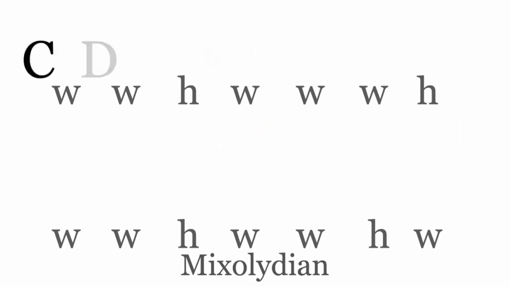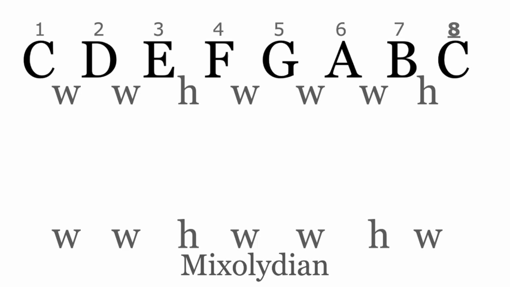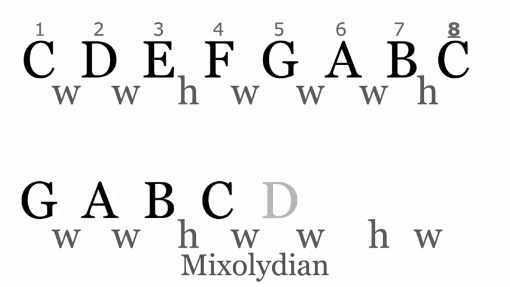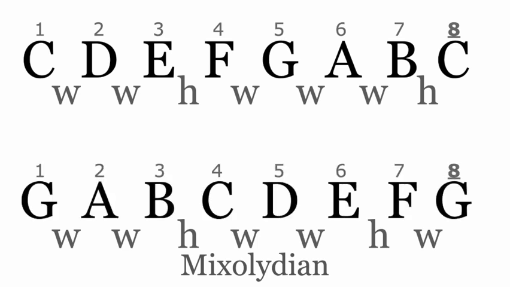So if we look at the C major scale, we look at the seventh and we see that B. But we know that the Mixolydian is the fifth degree of the major mode, so that means we're going to start with that G. Therefore, G Mixolydian is what comes out of C Ionian.